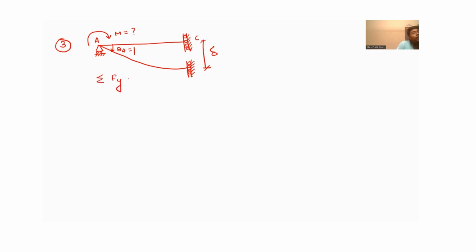First, tell me, when you do summation of Fy equal to 0, what will you get? If you can tell this point, then everything after that is easy. Reaction at A equal to 0. Yes, sir.